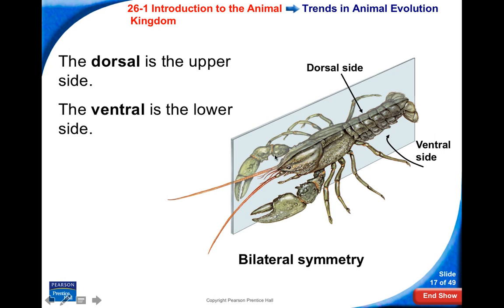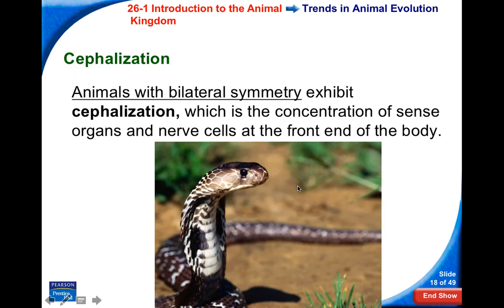Other sensory organs are more concentrated at this end because when this crayfish is walking around, this end is going to encounter a new environment first. So cephalization tends to happen in those more complex organisms that have this bilateral symmetry.